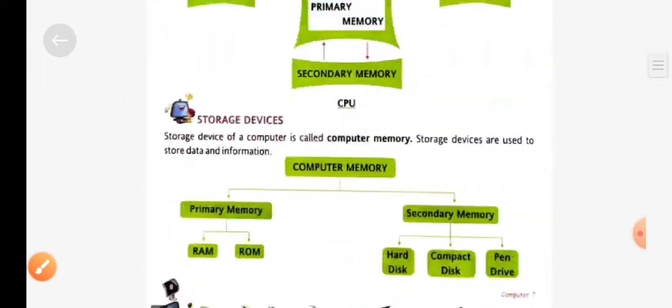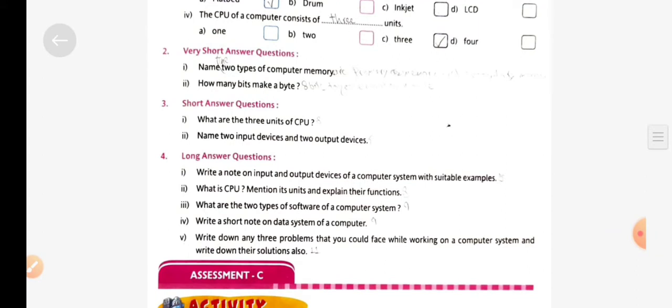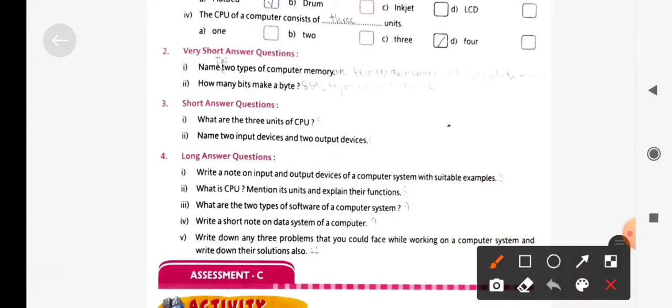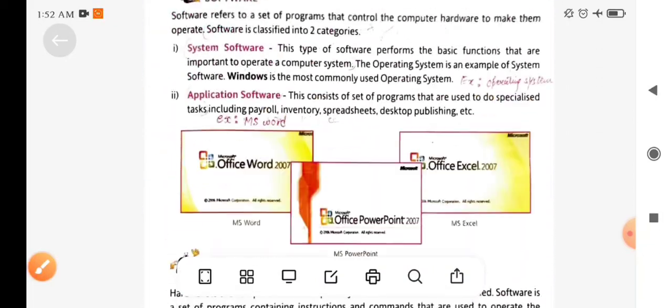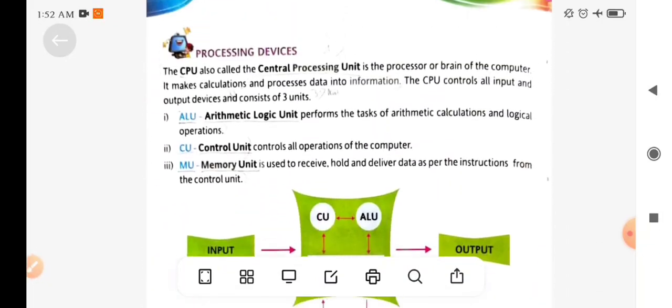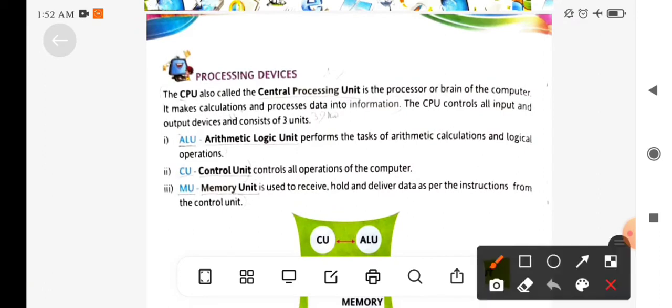Okay, now moving further to your second question. See what is the second question? What is CPU? Mention its unit and explain their function. Okay, now it is a long answer question. Open page number 8 for that. Over here we have this one. Now start writing from the first line.